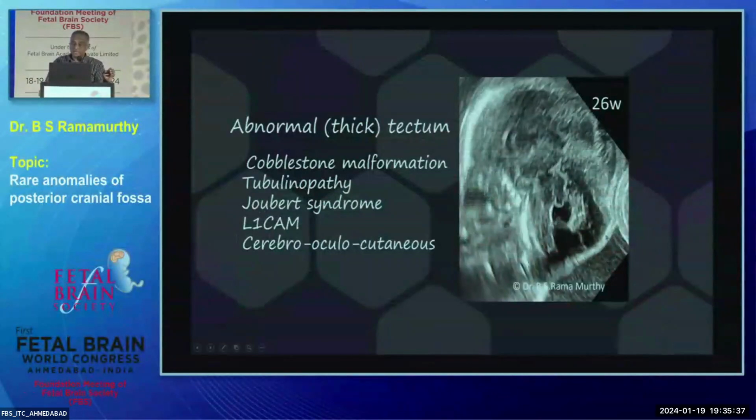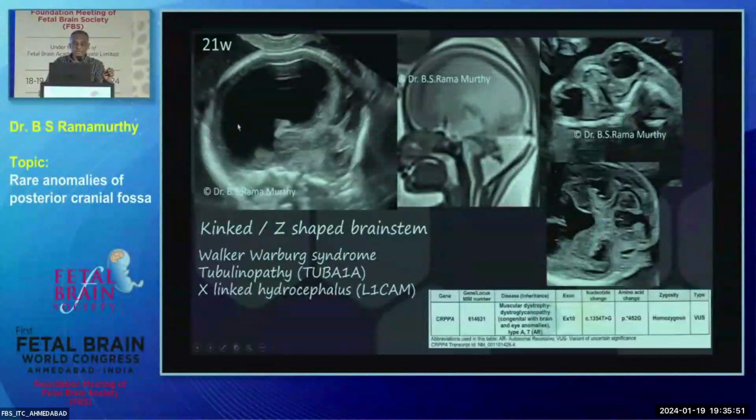So that is a thick tectum, and thick tectum should evoke a differential diagnosis of cobblestone malformation, tubulinopathy, Joubert syndrome, L1-CAM mutation, or cerebro-oculocutaneous syndrome. Here is a Z-shaped brainstem that you can see here, and you have all the other stigmata of cobblestone malformation.